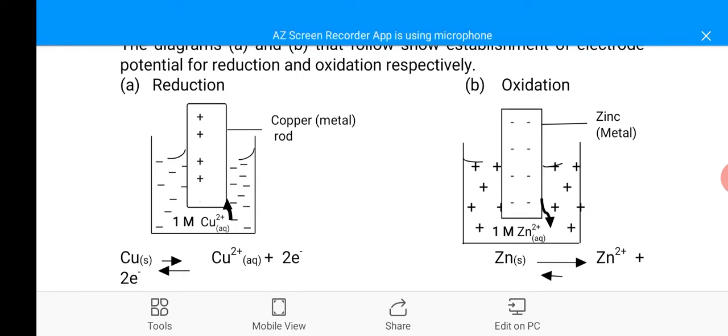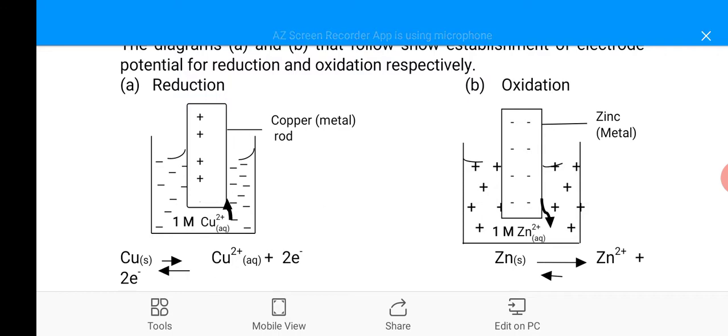From the reduction part of the diagram, we have a copper rod, that is copper metal, dipped into its solution, 1 molar copper(II) sulfate. Two things can happen, as we have earlier said. It is possible that the copper rod would be dissolved and form ions, or we have the copper ions getting deposited.